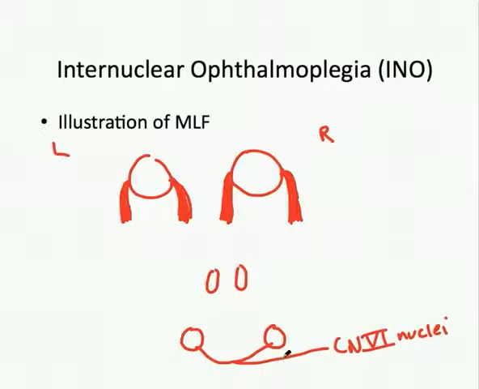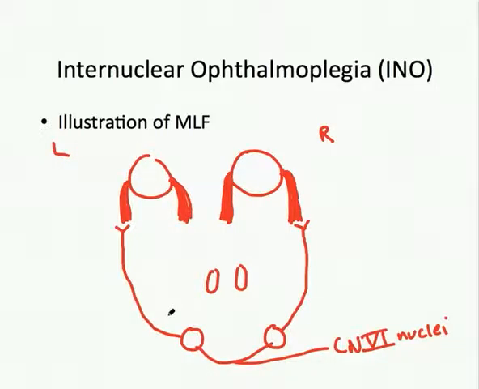And these are each going to send signals to their respective lateral rectus muscle to abduct that eye. So the right CN6 nuclei will send its signal to the right lateral rectus muscle, and that'll, when stimulated, abduct the right eye. And the left one will do the same for the left eye. It'll send signal to the left lateral rectus muscle to, when stimulated, abduct the left eye.